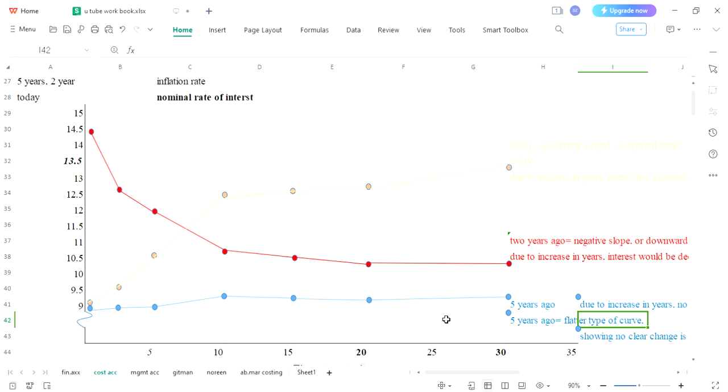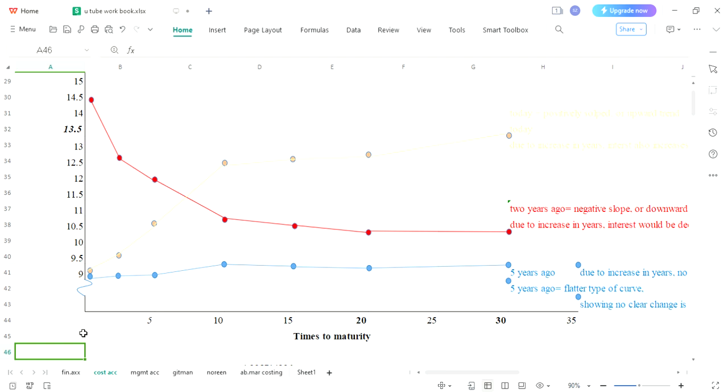So we have already described it. 5 years ago these were the rates, and with the passage of time, rates were not changing, they were moving between 9 and 9.4. So the general expectation for the D point would remain the same due to the flatter type of curve. Why should we write it for the D point?